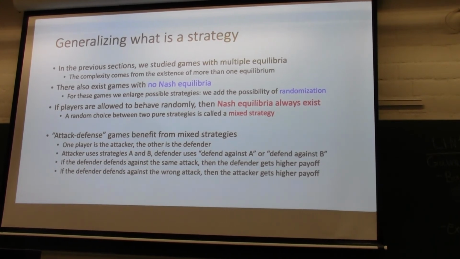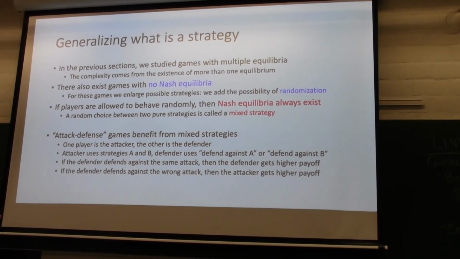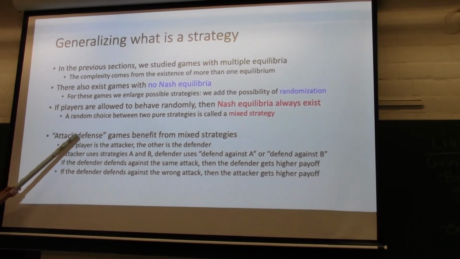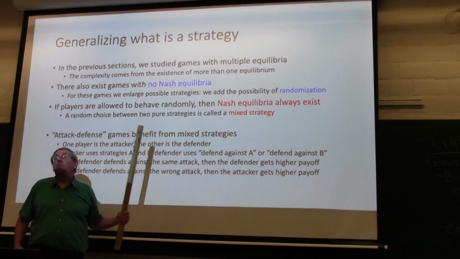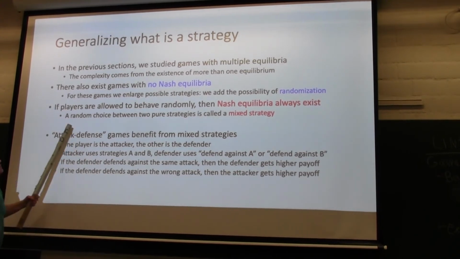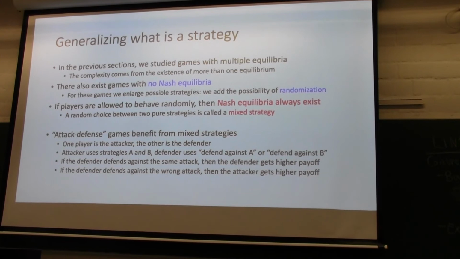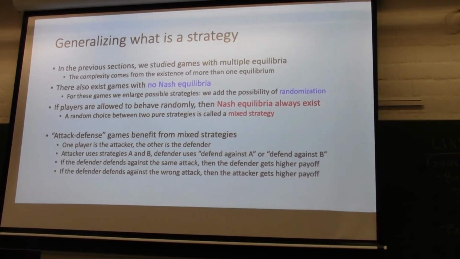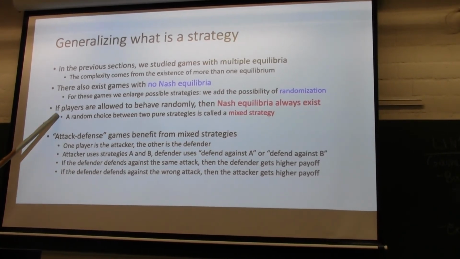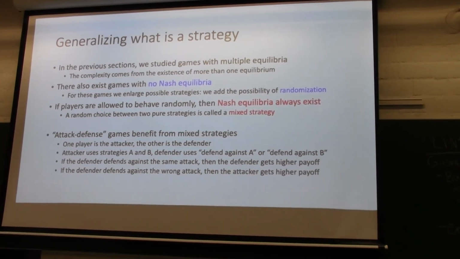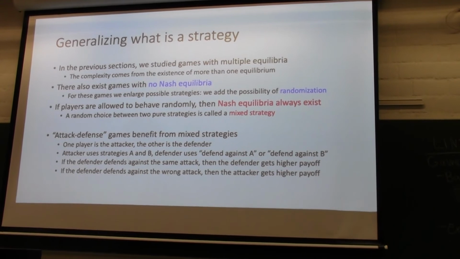If you are allowed to randomly choose between, like 50% A and 50% B, if you're allowed to do randomness, then you always have Nash equilibria. Okay? So in the previous case, you can have no Nash equilibria if you were only allowed to pick one strategy. But if you were allowed to randomize, then you always have Nash equilibria, and that's also interesting in the real world.